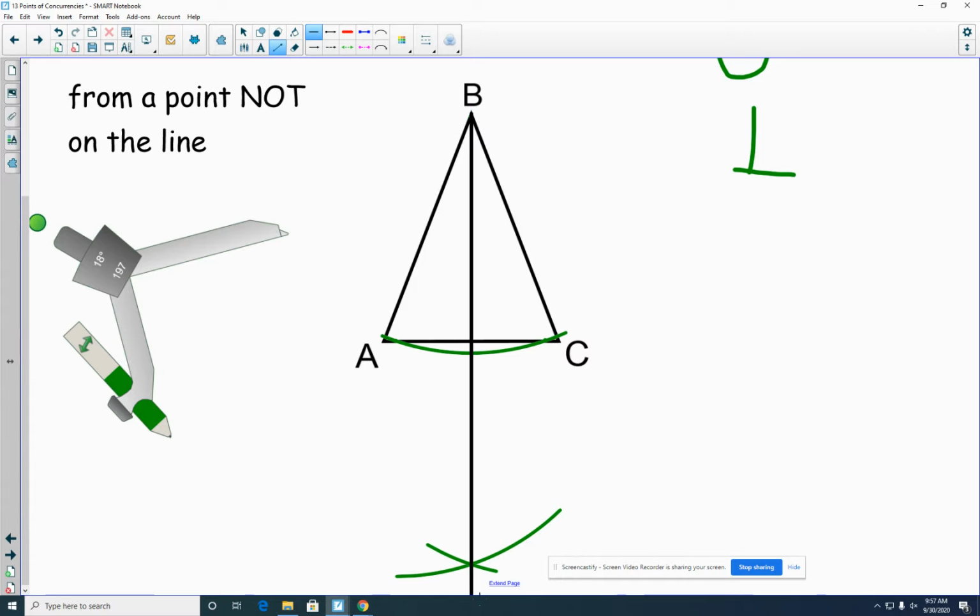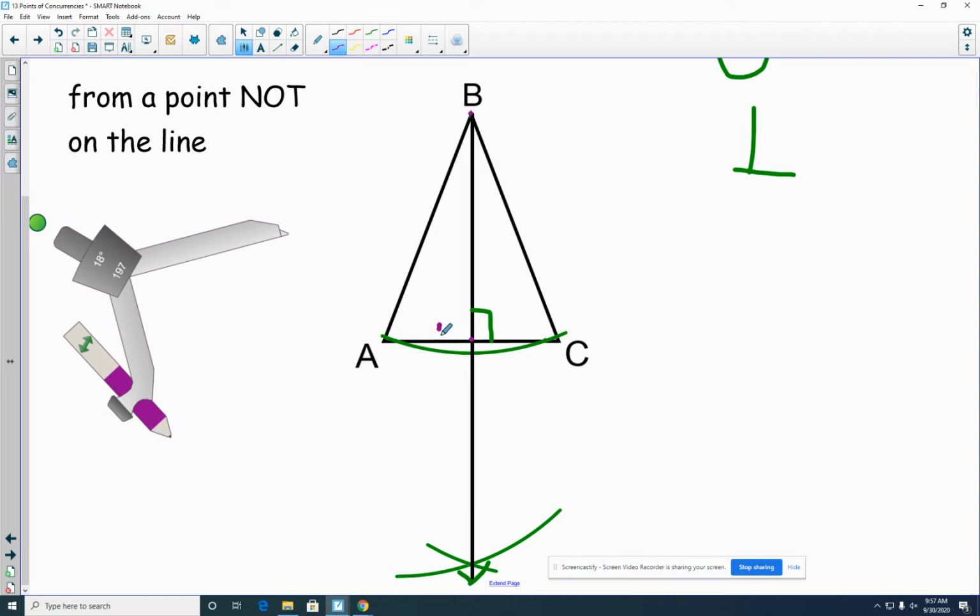and now I'm going to connect from B through, put a little arrow on the end, and put a little right angle. So now the altitude is actually the piece that goes from this point here to this point right here.